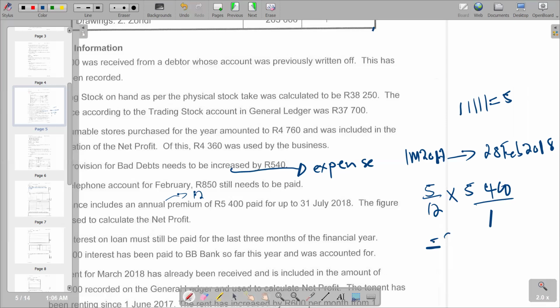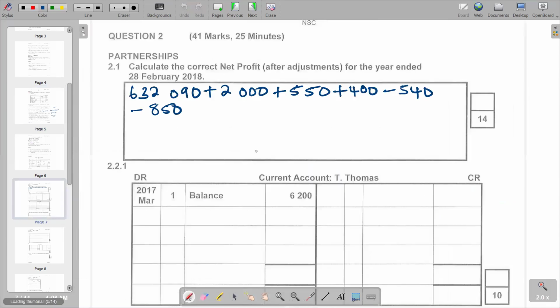So here we've got 2,250. So this is the excess that we subtracted. So we need to add it back because we over subtracted, or we overstated the figure for insurance. So we need to add it back, 2,250. So we come here, we say plus 2,250. Move on to the next part.